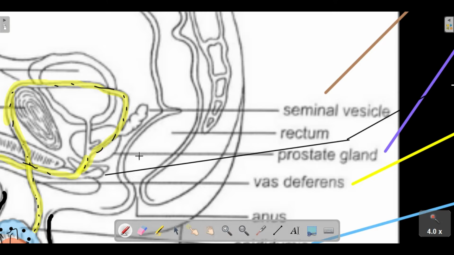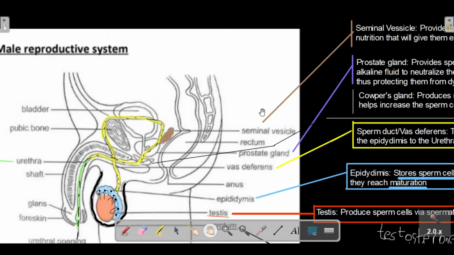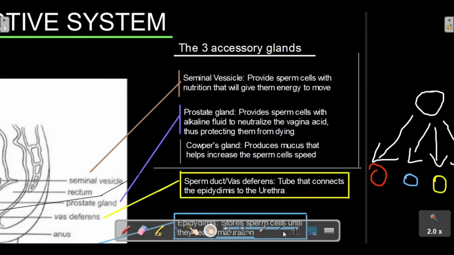And so let me highlight it. So this is the seminal vesicle. It's this structure right here. This is the first gland that sperm cells come in contact with, and its function is to provide sperm cells with a very nutrient-rich fluid, which will give them energy to move.